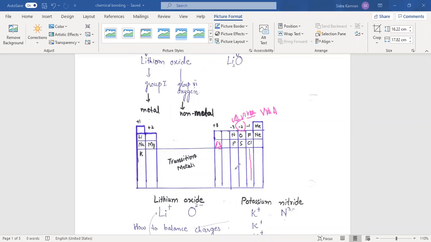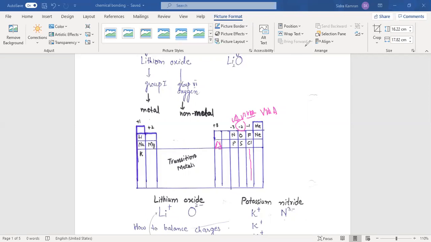The elements of this group have 5 electrons in their outermost shell; when they take 3 electrons, they will become stable. So when these metals combine with these non-metals, they will make bonds. You have to remember the valencies by knowing how many electrons they can lose and how many electrons they can accept.